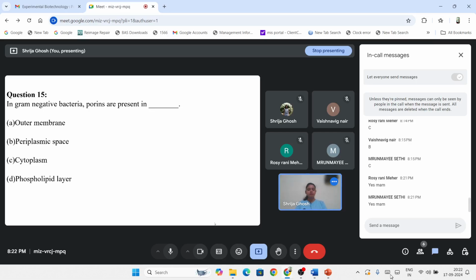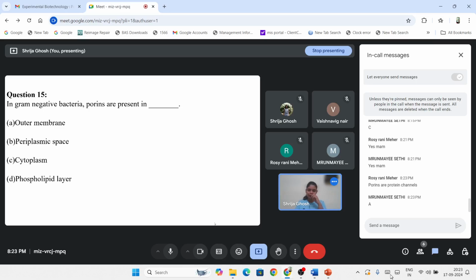Anybody knows what porins are? What are porins? So porins are basically channel proteins. Okay, these are proteins that have pores in them that can facilitate.